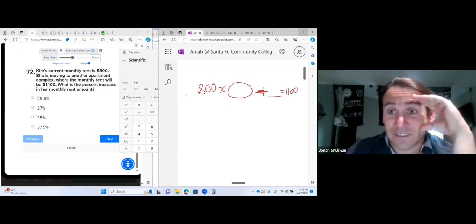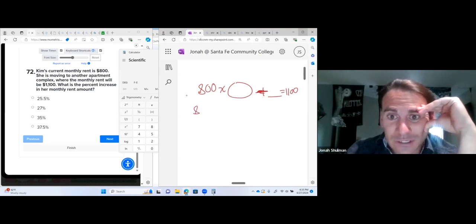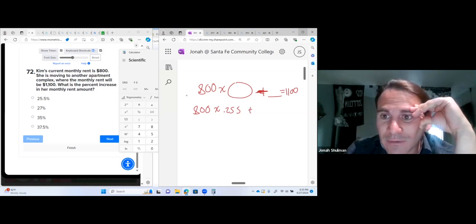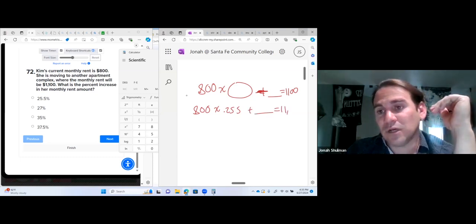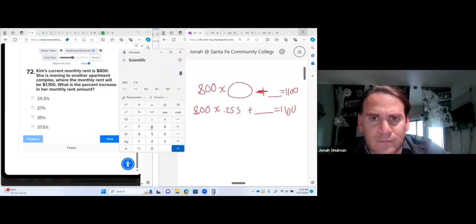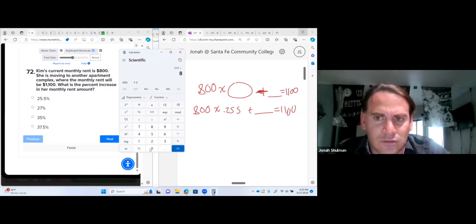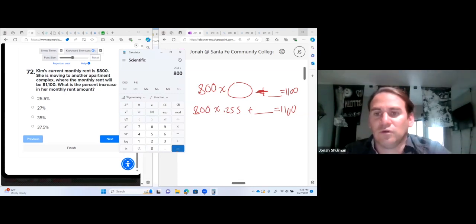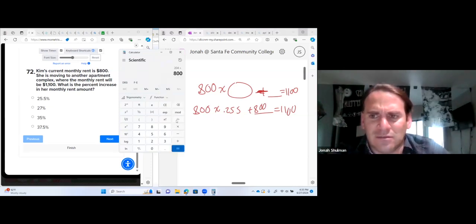This is a way to use your answer choices. We could do 800 times 0.255, and whatever we get, we could add to that and see if we get the $1,100. 800 times 0.255 is 204 plus 800. So we have to add this to our original value, 800. See, it's still too small.